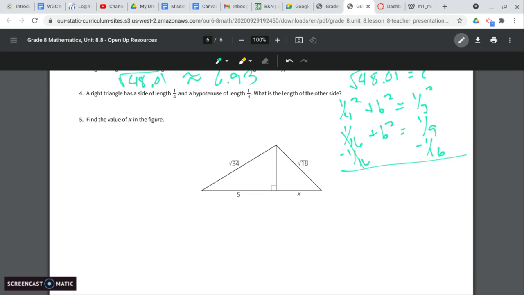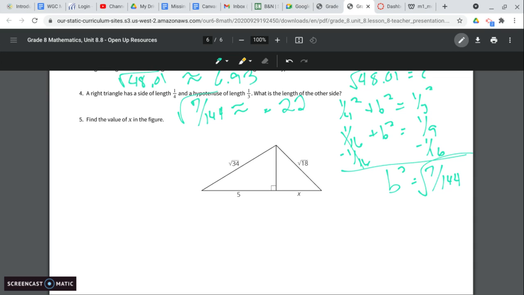So 1/9 minus 1/16 is going to give us 7 over 144. And so we take the square root of that, and that will be our answer. Square root of 7 over 144, or approximately 0.22 as a decimal.